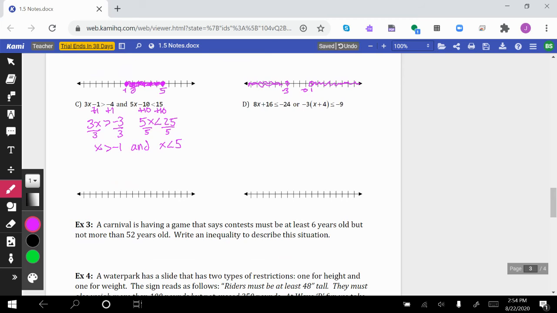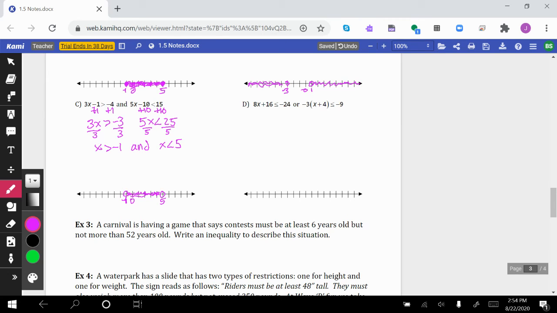Okay? So I'm going to plot 0, plot my negative 1, plot my 5. We don't shade them. And again, this is an and problem. So our solutions overlap, which means I'm going to shade in between.